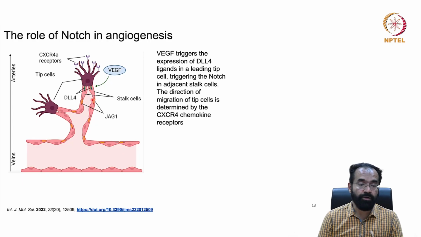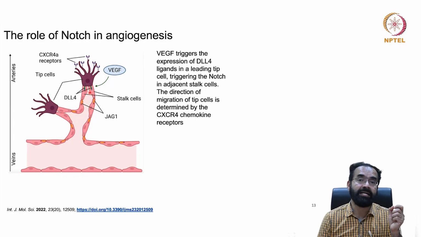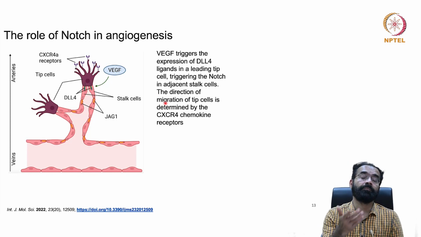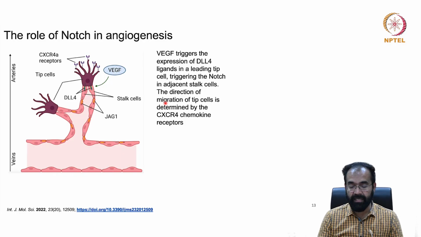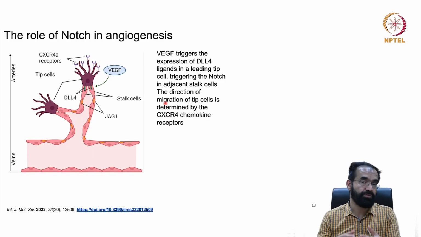But these stalk cells, tips, sharp edges or the pointed edges, they have got the DLL4 expression which binds onto the neighboring cell that has got the notch signaling. It can trigger a notch signaling event, and hence they will continue to proliferate. So notch signaling cells will produce genes that will allow the progenitors to proliferate.